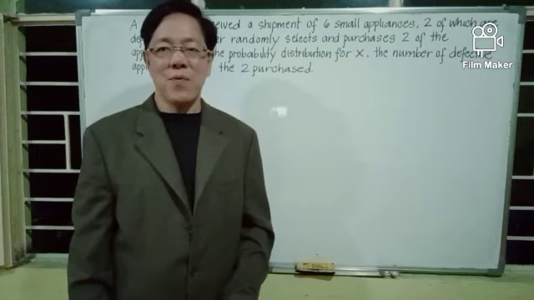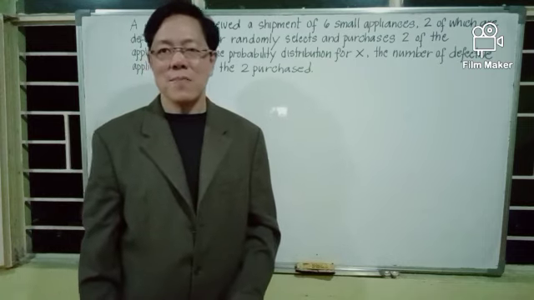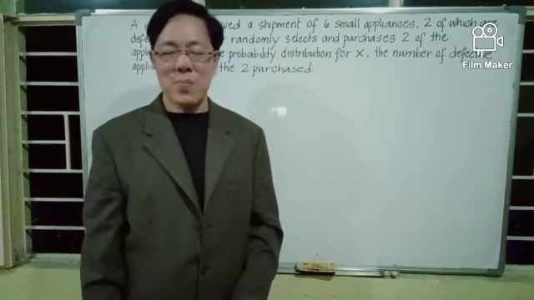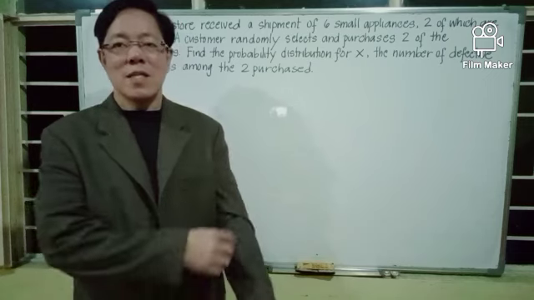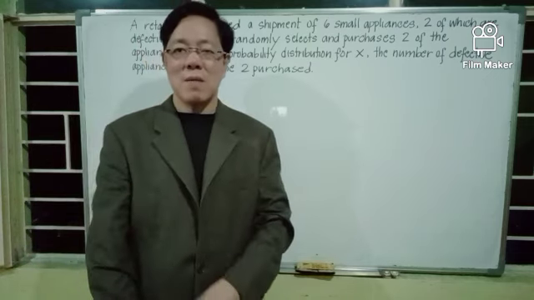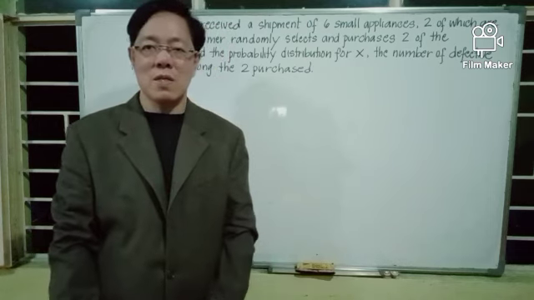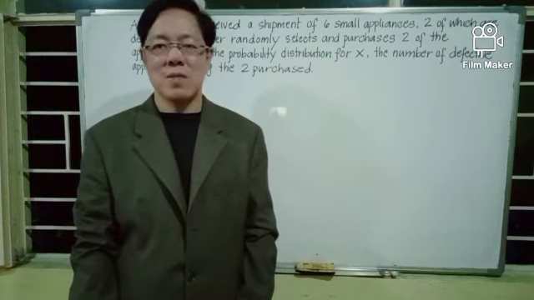But 2 of these 6 small appliances were defective. And we are required in this problem to construct a probability distribution for X, the number of defective items among the 2 items that were purchased by the customer.